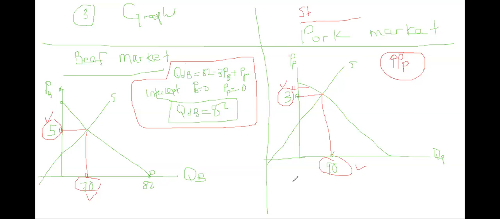Now we have these two markets. We have this here, and this was 70, I guess, for the beef. We have 5, yeah, 5. So this is the price of beef.